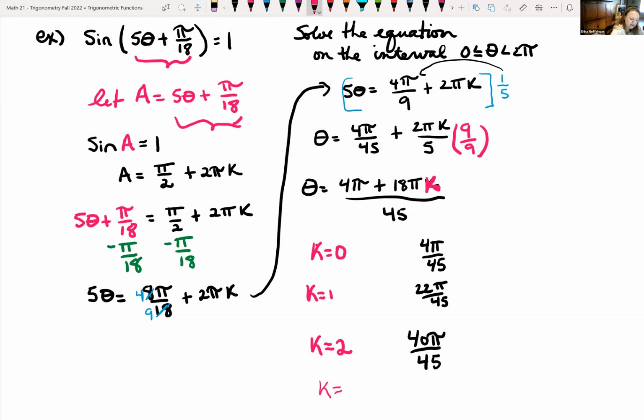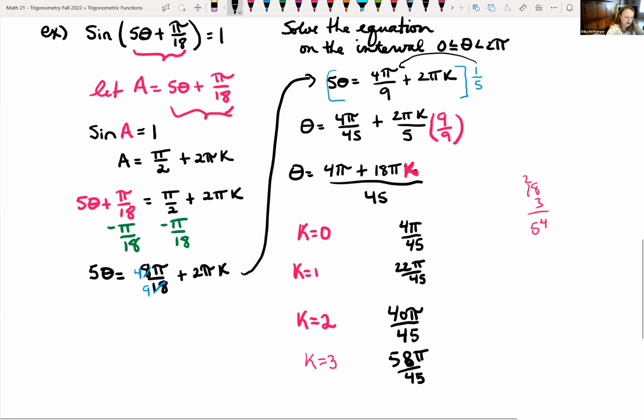If we do k equals 3, 3 times 18 is 54, so that would give me 54 pi plus 4 pi is 58 pi over 45. That's not too big, so that actually works too.